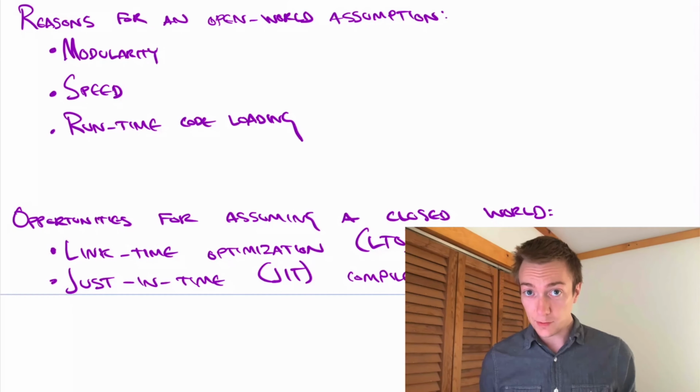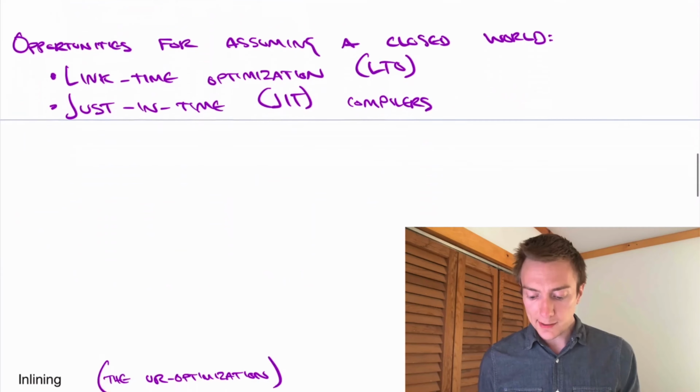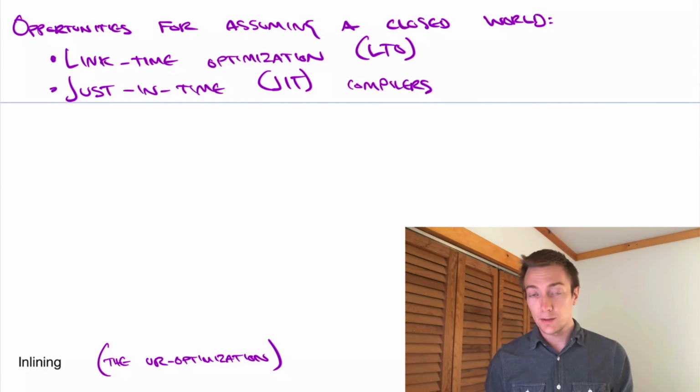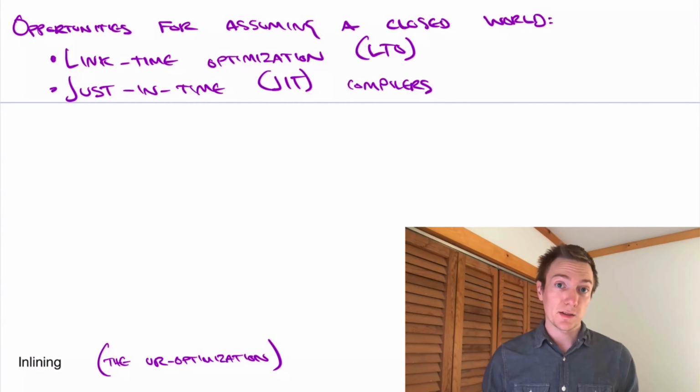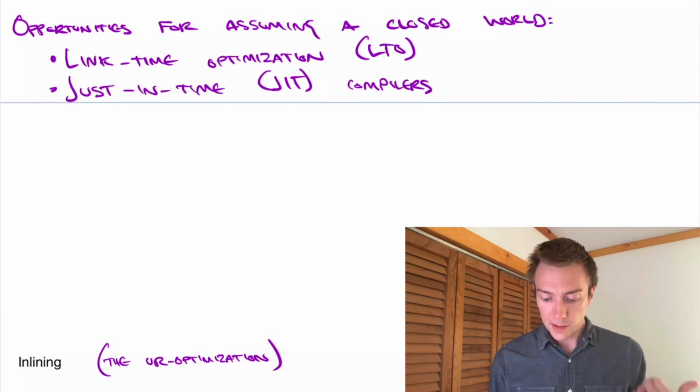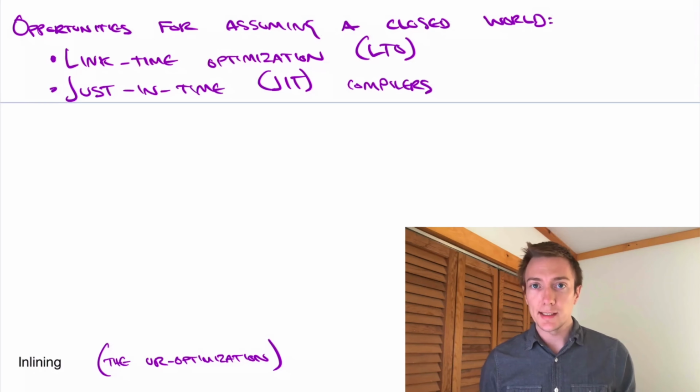Sometimes, as a counterpoint, it is possible to make a closed world assumption and to get the commensurate benefits that you can derive from knowing that there's no other code that's going to execute as part of the program. The two big settings where this practically happens today are, first of all, link time optimization, or LTO.